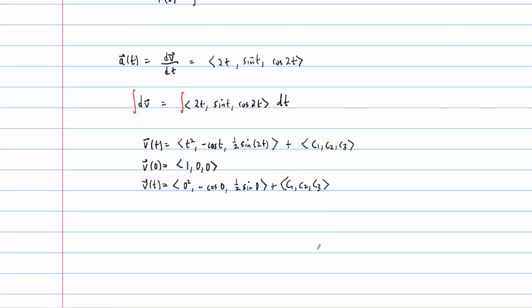When we add this up, the first is 0 plus c1, so just c1. The second is negative 1 plus c2. And the third is 0 plus c3. You just plug in 0 and see what you get.